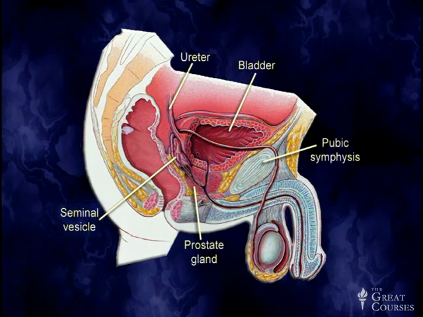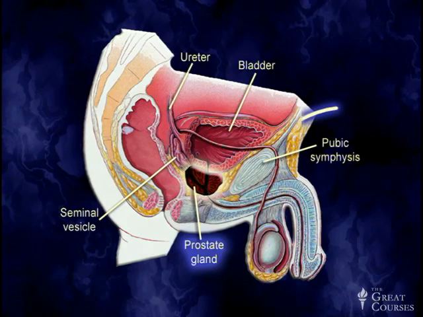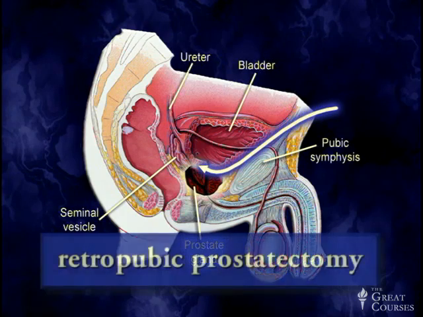And in cases of cancer, which can also occur in the prostate, one of the big diseases in the male population, aside from using chemicals or radiation, there are ways to get in coming over the top of the pubic bone. This is called a suprapubic or retropubic prostate operation, prostatectomy.